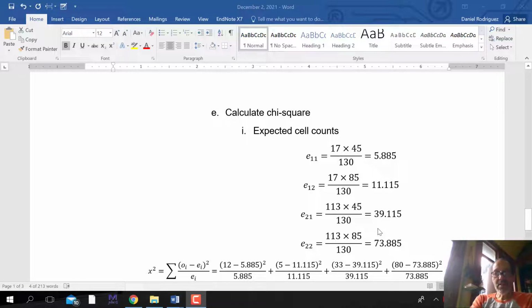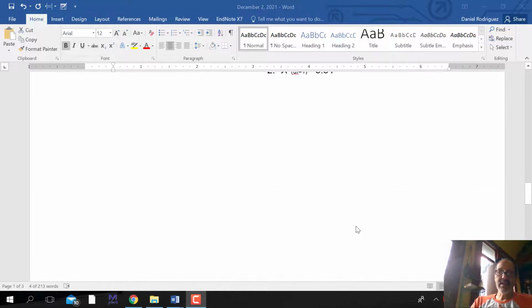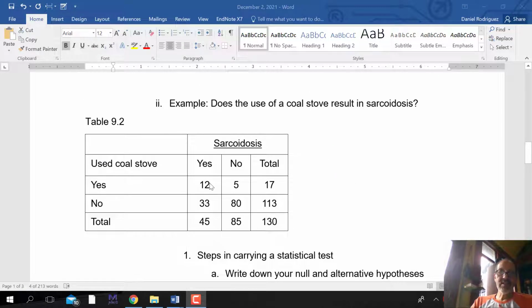We'll go ahead and calculate the expected values. There are 4 expected values, 1 for each cell. So we'll label each of these cells. This is cell 1,1, since it's row 1 and column 1. This is cell 1,2, the one with the 5 in it, since it's row 1, column 2.